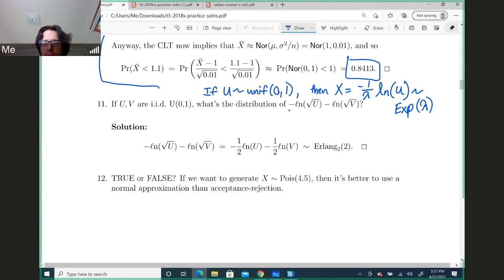So basically, you can see that there are already a lot of similarities. We already have a minus sign in front of the natural log, just like this.